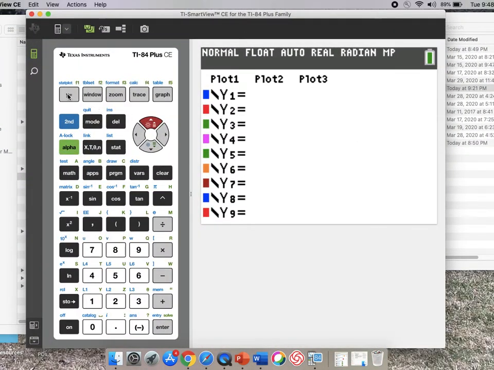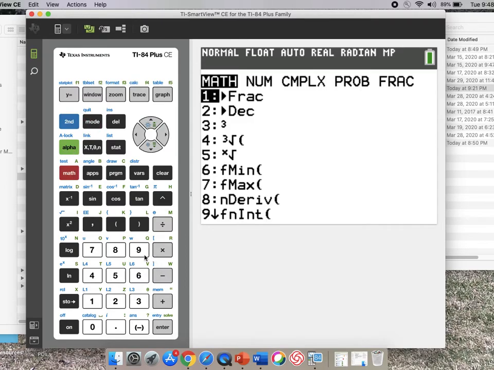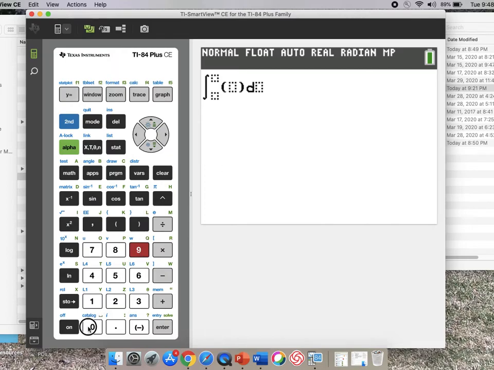We don't even need to graph it if we don't want to. We just need to do a math 9, and we're going to go from 0 to 2. And then again, I'm going to be generous with the brackets. It is sine pi x. I'm going to close off the pi x brackets and close off the sine brackets.